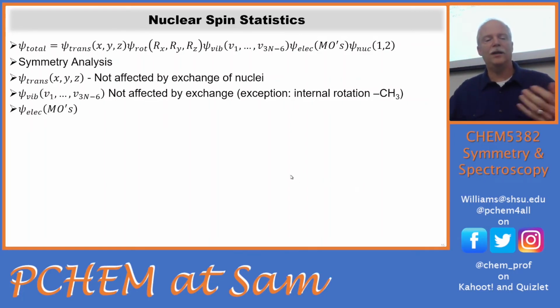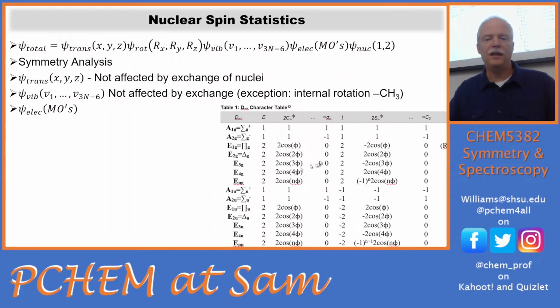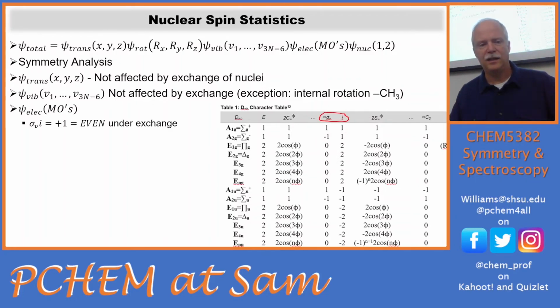Then the electronic molecular orbitals. These fit into the character table, just like the vibrational modes. To determine the symmetry of the electronic MOs, we would find their Mulliken notation, and we would look at these two pieces right here: sigma_v times i.